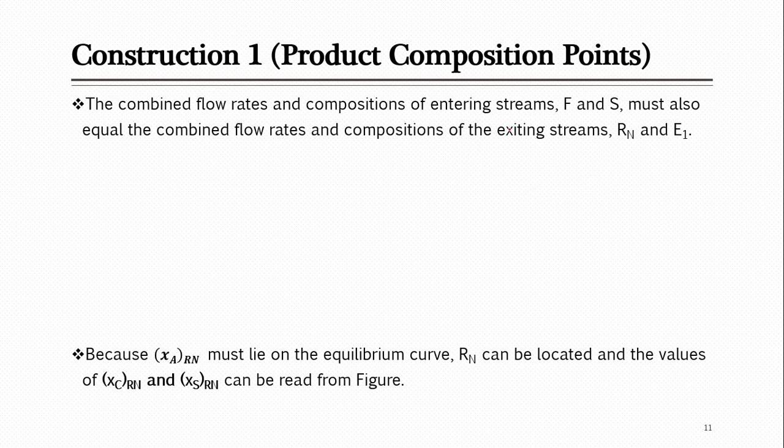So here when feed and solvent enter the system, they get mixed, you get the mixture, and that mixture M then gets separated into the two streams, raffinate and extract. But here we are not talking about a one stage system.